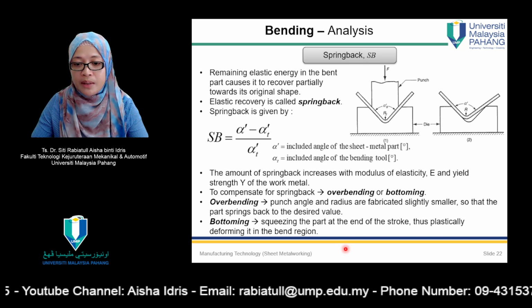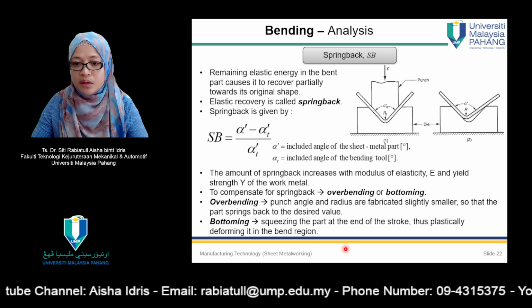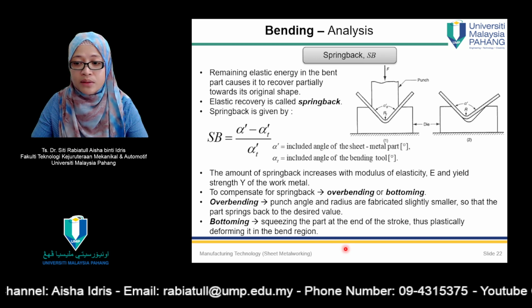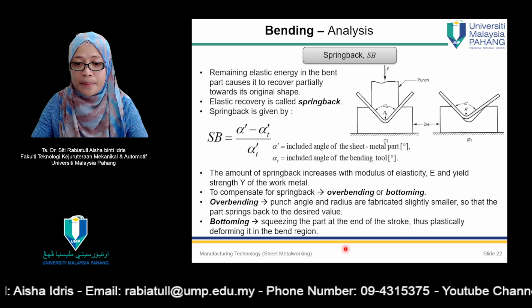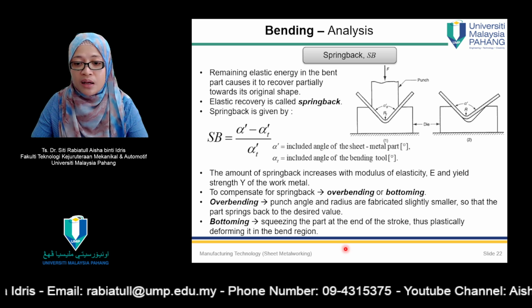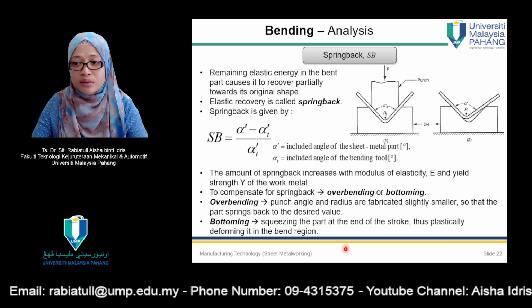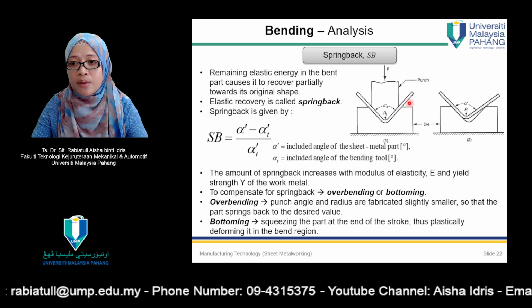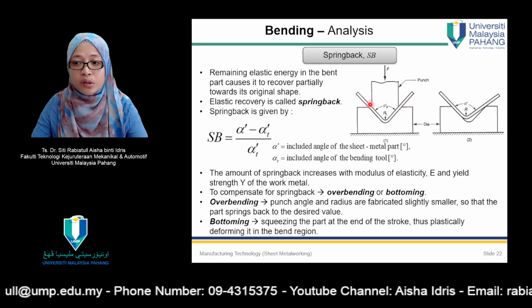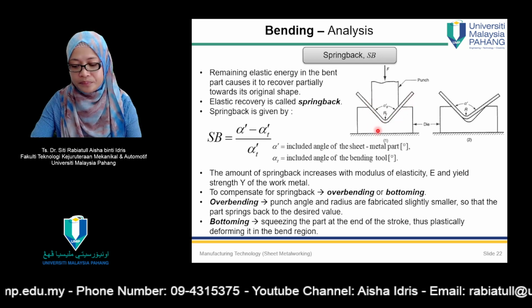Meanwhile, bottoming involves squeezing the part at the end of the stroke, plastically deforming the bend region. So finally, it will form the V shape following the shape of the die.